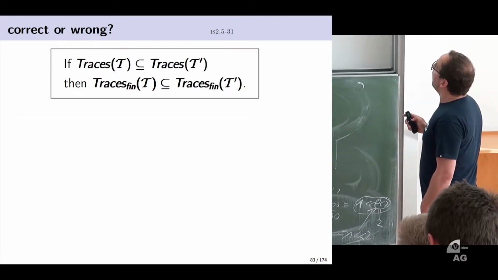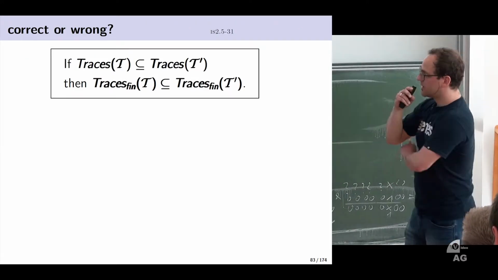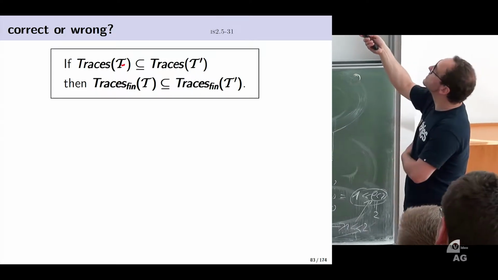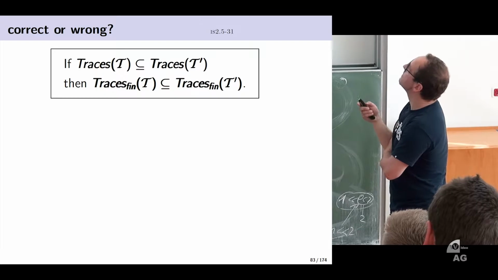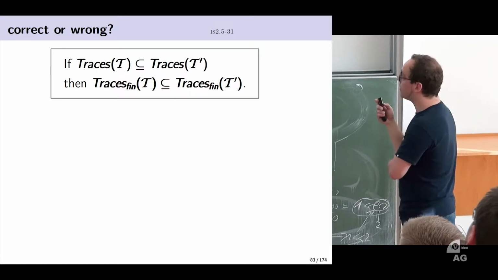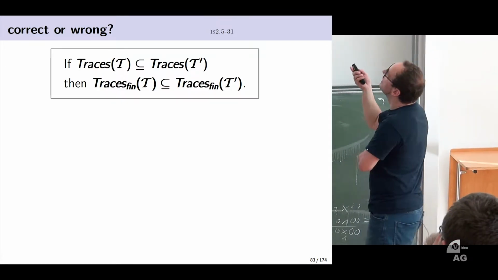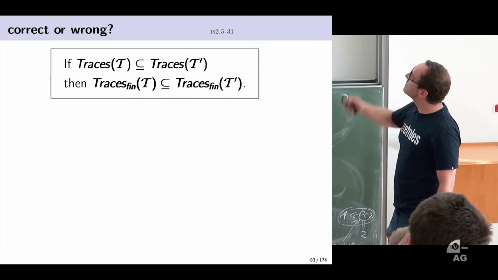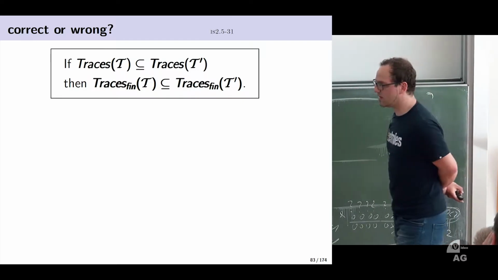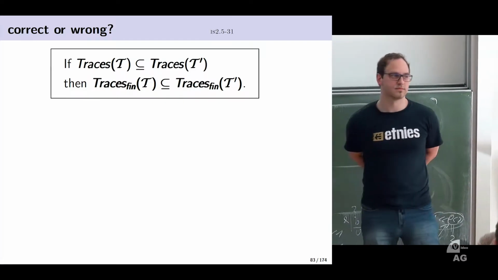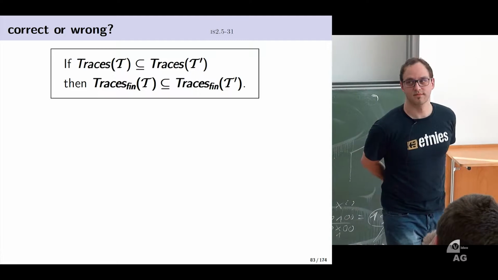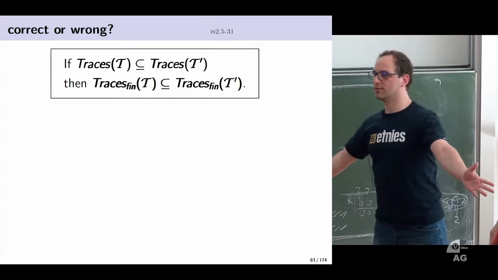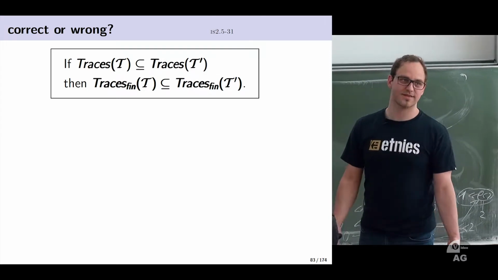Let's have a short quiz again. If the traces of some transition system are included in the traces of some other transition system, is it the case that then also the finite traces of the first one are included in the finite traces of the second one? What would you intuitively say without actually justifying it?